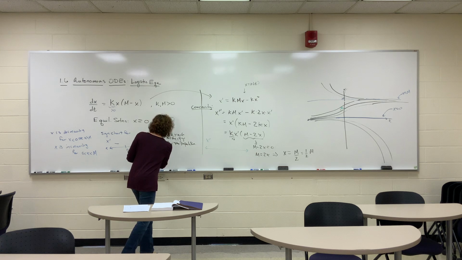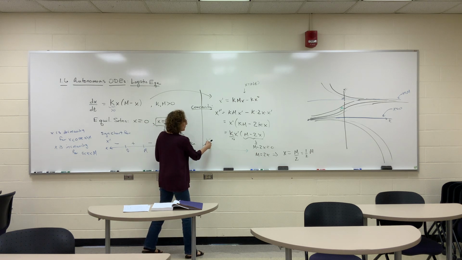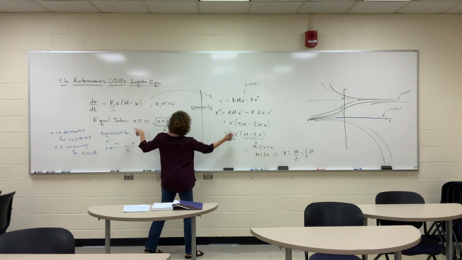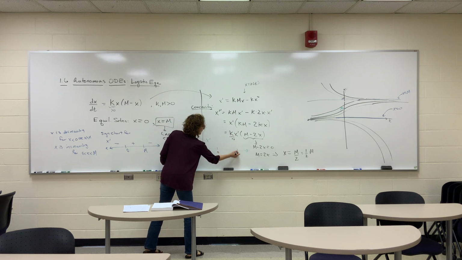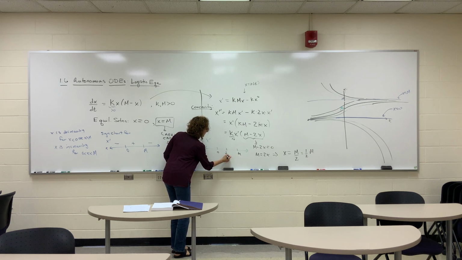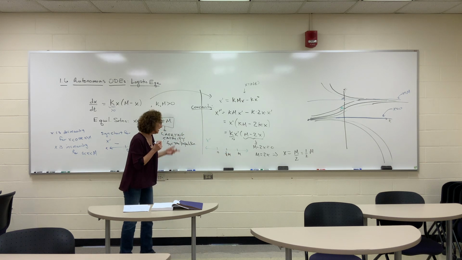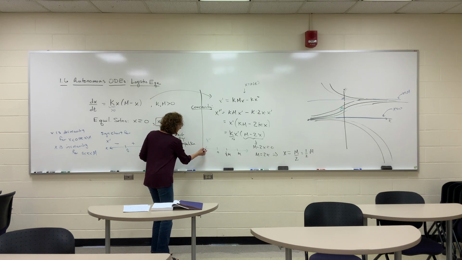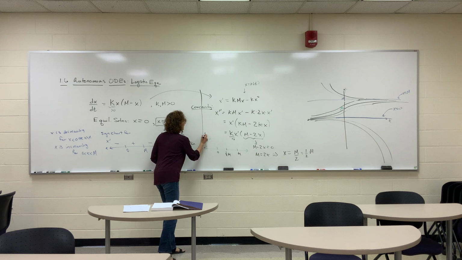Maybe you can't see that green. So where can x double prime be 0? Well, wherever x prime is 0, which is 0 and m, and at 1/2 m, right? And so if I'm going to look at a sign chart for x double prime, and this is x, right? But this is a sign chart for x double prime.